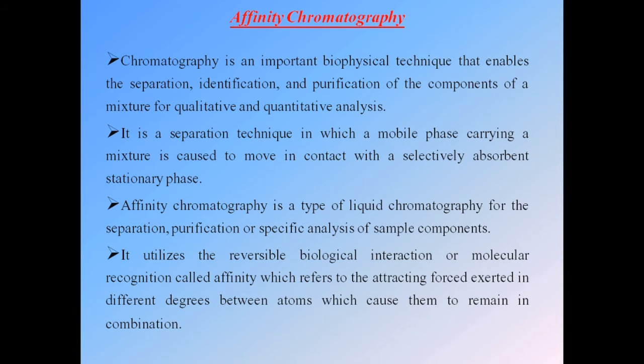For example, keyhole limpet hemocyanin (KLH), the same cysteine containing peptide, is also immobilized onto an agarose resin through the cysteine residue and is then used to purify the antibody.